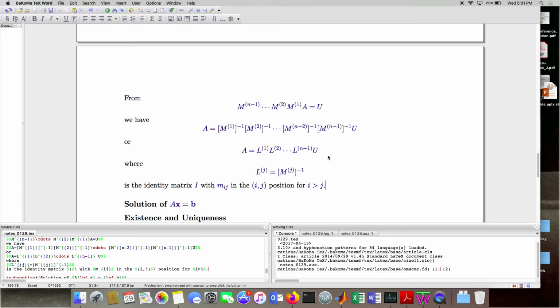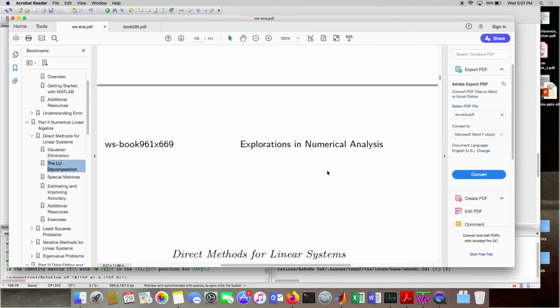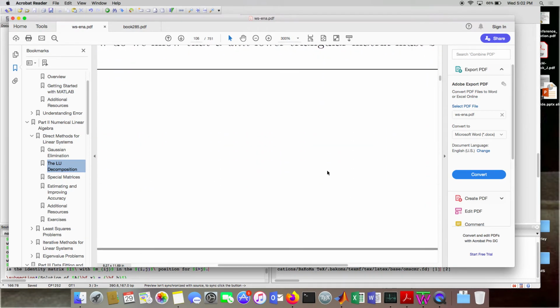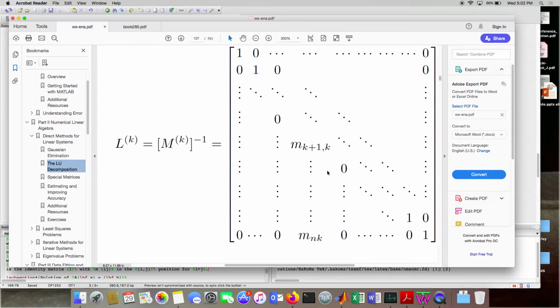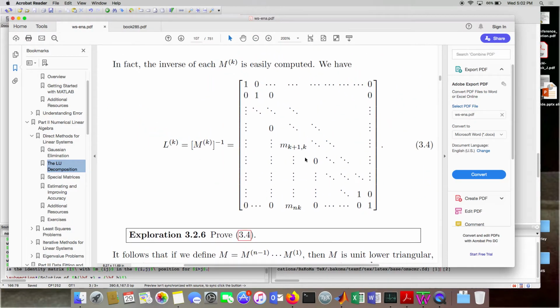And that is shown in the book as well. Okay. So it's just this. So identity matrix, take those multipliers without the minus sign, and just fill them in.